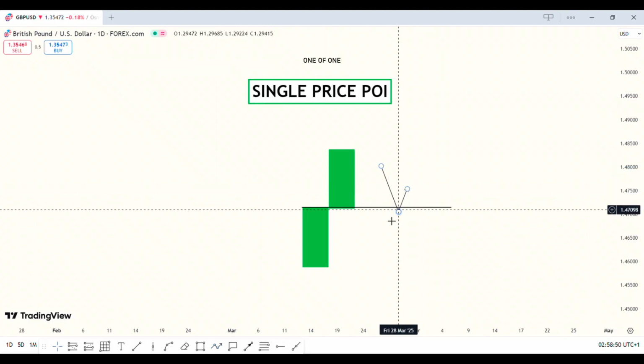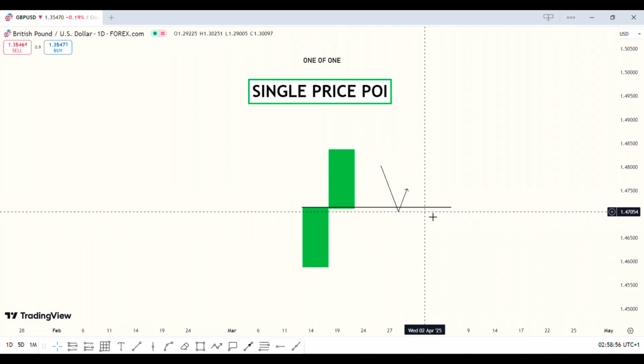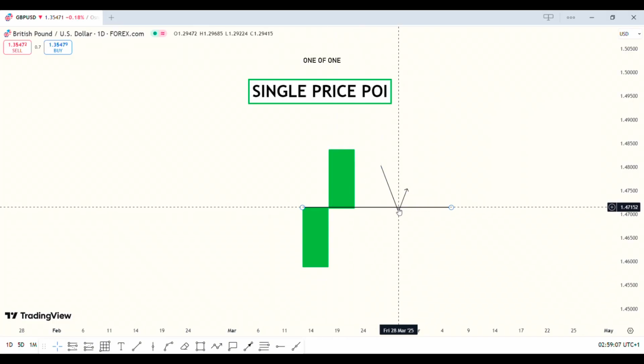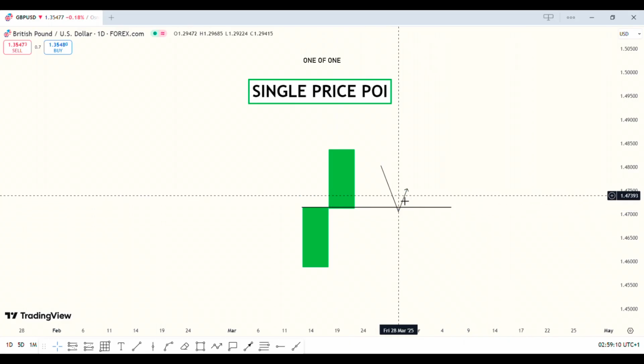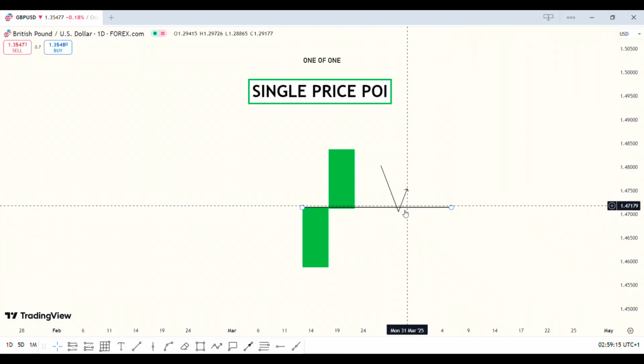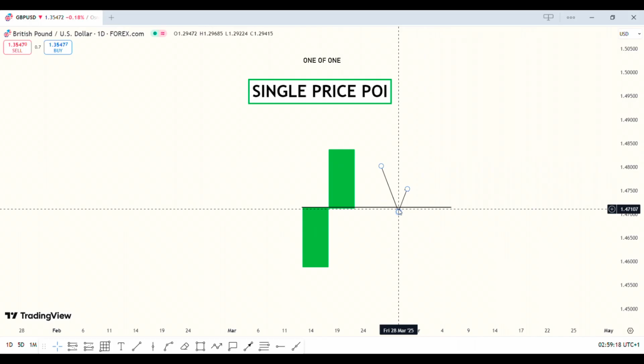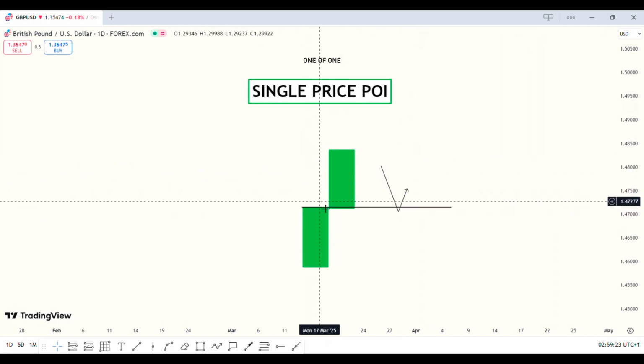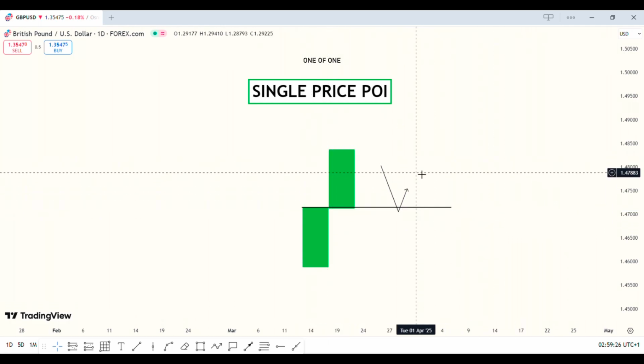Price can tap into this closing price once, twice, three times, as many times as possible. Personally, I pay more attention to closing prices that have rejected price multiple times, so the more the merrier. I want a candlestick to tap into it, reject and close above it. And of course, we can have other candlesticks breaking through it.